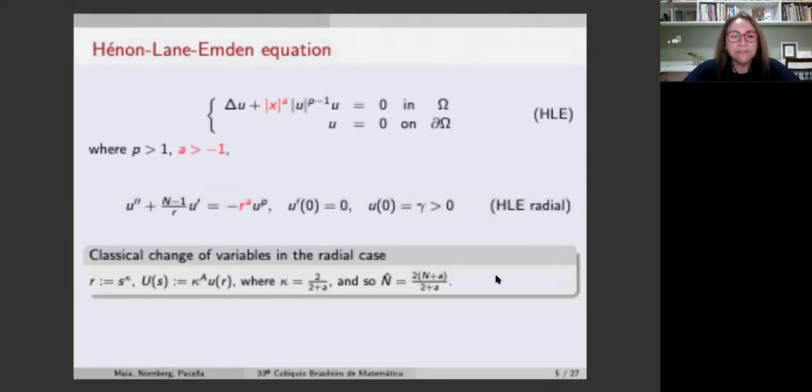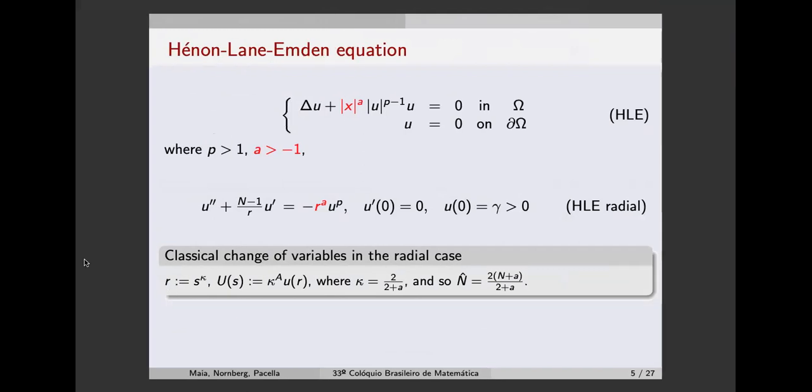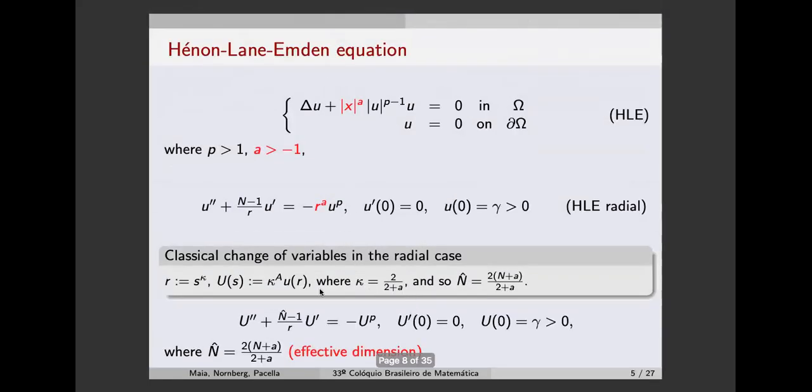But if we change variables to r equals s to the k, U(s) equals k to the a times u(r), then we get the following equation: U'' plus (n hat minus 1)/r U' equals minus U to the p.